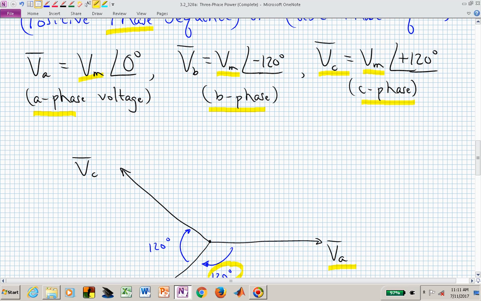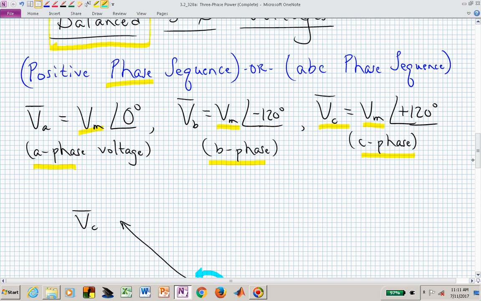So we can get to this location either by going all the way around to minus 240 or to plus 120. And to keep the angles between plus and minus 180, we'll typically just say the C phase in a positive phase sequence, when the A phase is at 0 and it's balanced, will have a phase of 120 degrees.